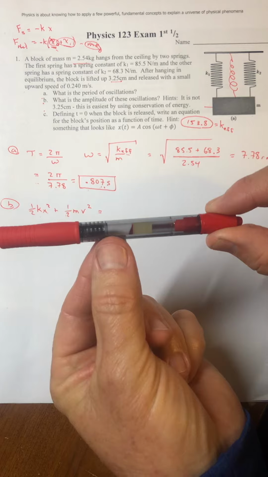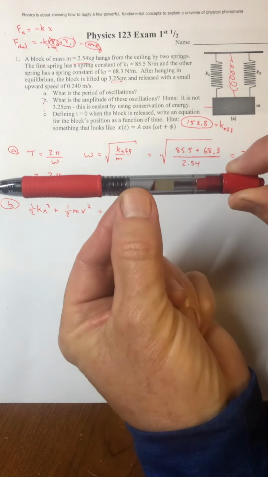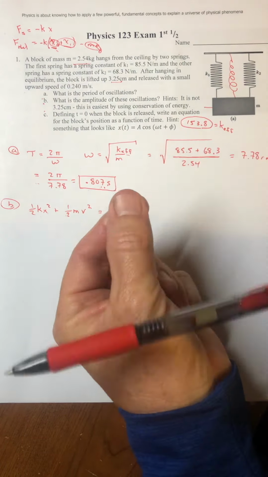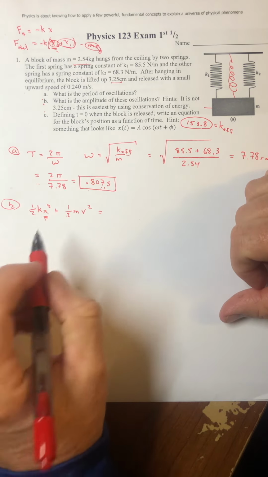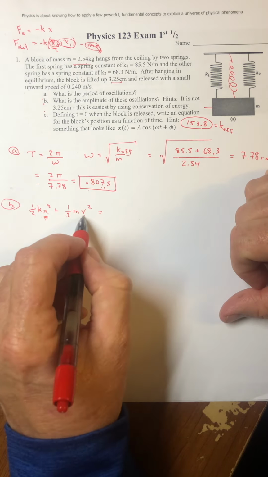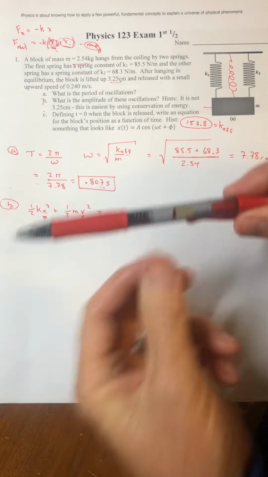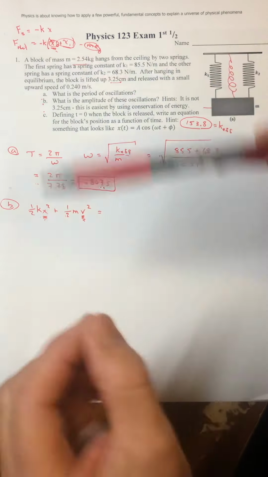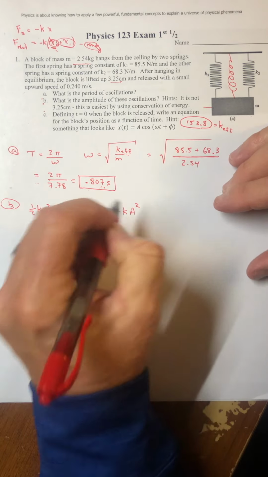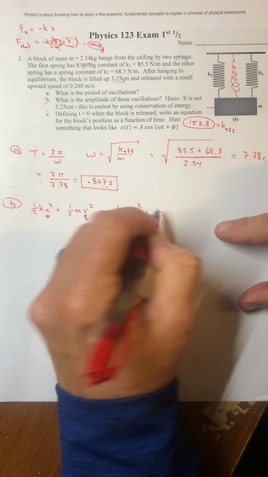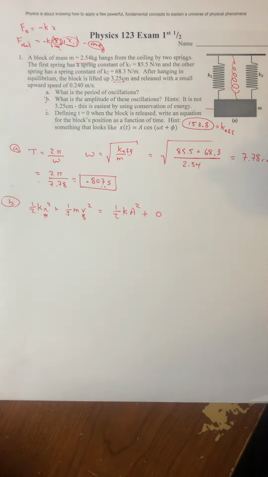So looking at a picture again, nudge it up and give it a little kick upward. At that point, it has a displacement from equilibrium, so it has a potential energy, and it also has a little nudge, so it has a kinetic energy. But eventually, it is going to go up to its full amplitude, and at that point, its displacement is its amplitude, and its kinetic energy is zero.